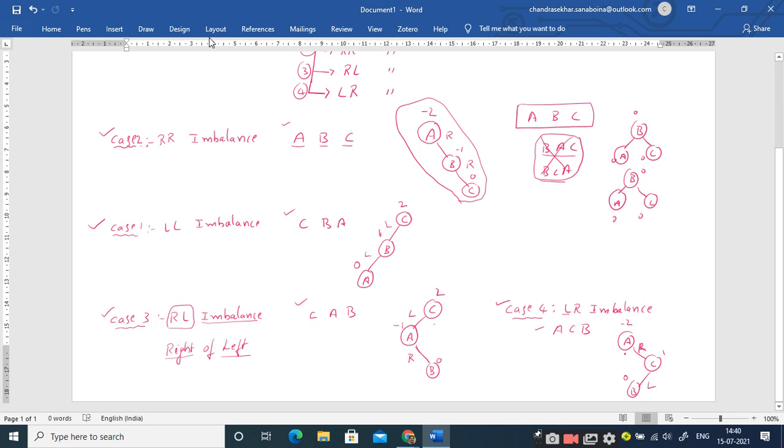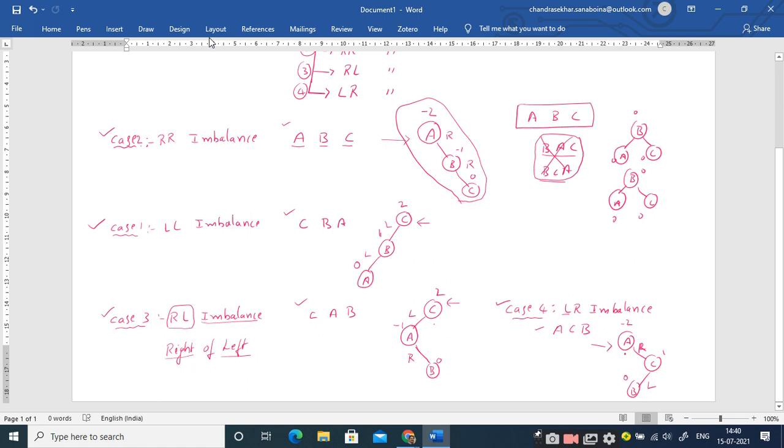Here imbalance happened at how many nodes? It happens only at the root node. Am I right or not? That is, only 1 node has been imbalanced. But there may be situations where, when you try to insert an element into the AVL tree, a larger number of nodes may become imbalanced. In such a case, how should we deal with that?